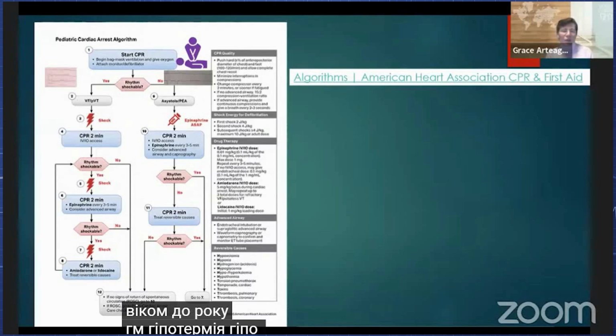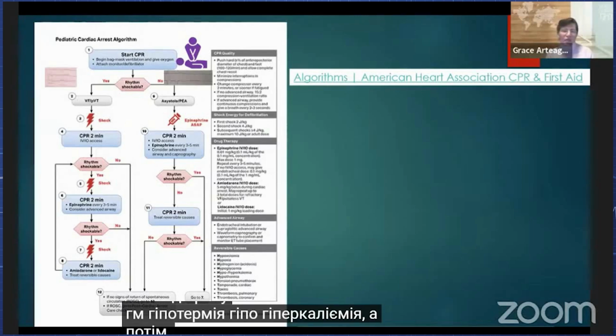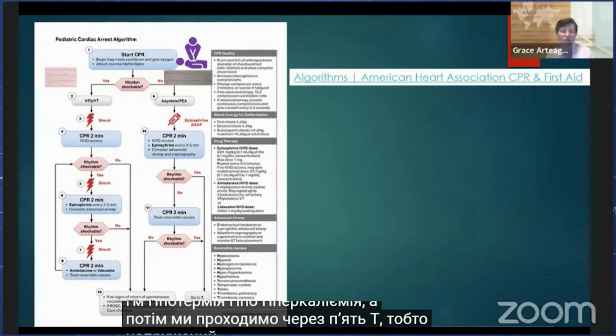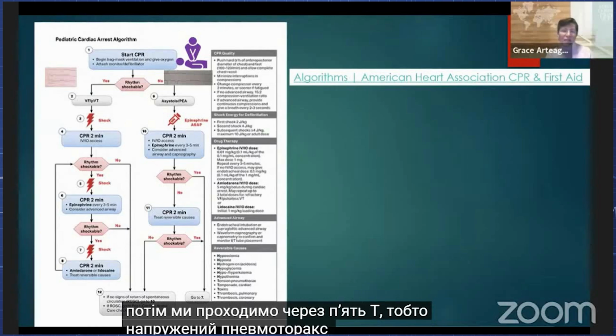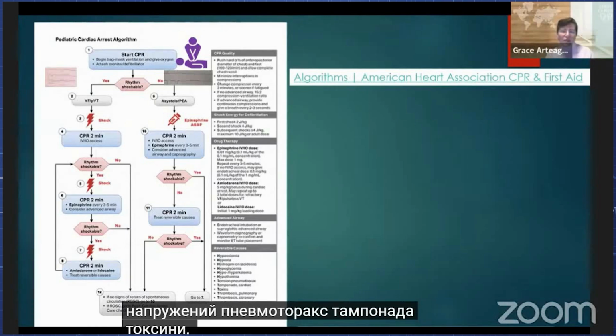Hypothermia, hypo or hyperkalemia, and then we go through the 5 T's, which is the tension pneumothorax, tamponade, toxins, thrombosis, either coronary or pulmonary.